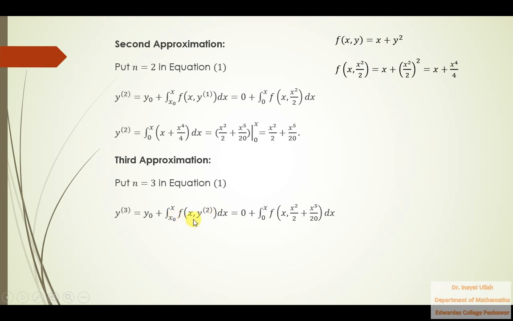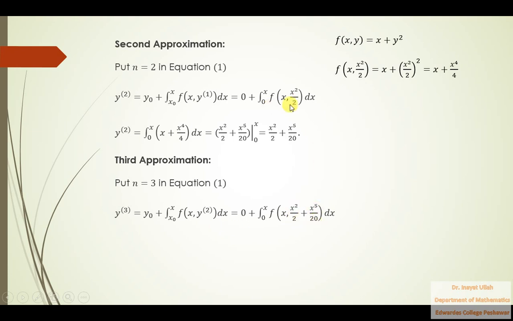So function of x comma y2, but what is y2? That is actually the second approximation, x square divided by 2 plus x5 by 20. So replace y2 by x square by 2 plus x5 by 20.